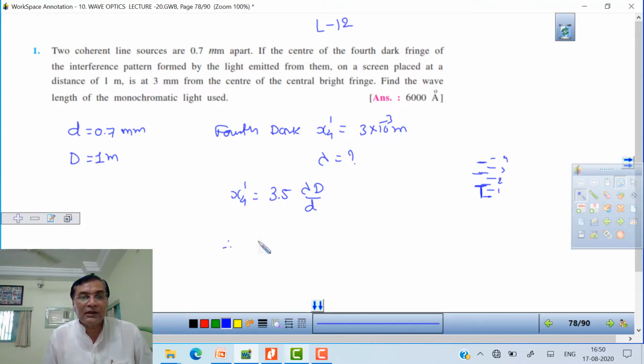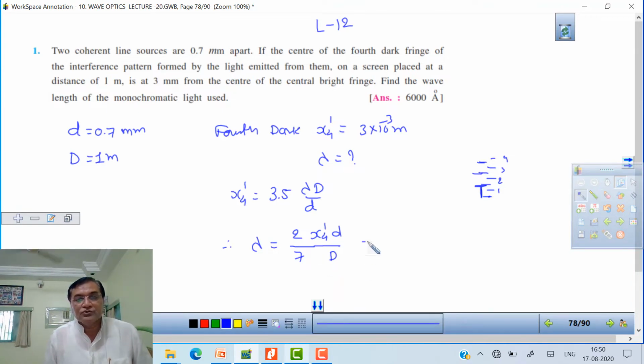So now you have to calculate wavelength. So lambda is equal to x4 prime small d upon capital D, and this is 7 by 2. So I write 7 by 2. Sorry, I have to calculate lambda.